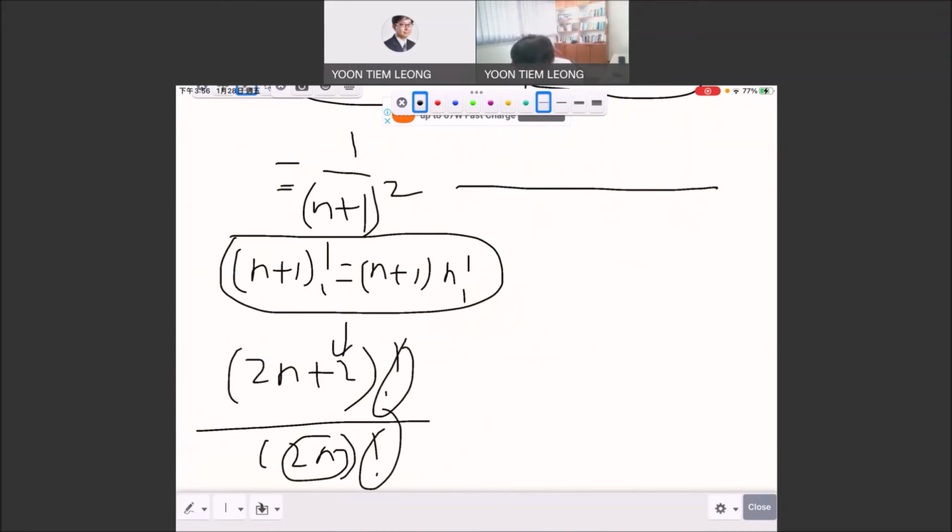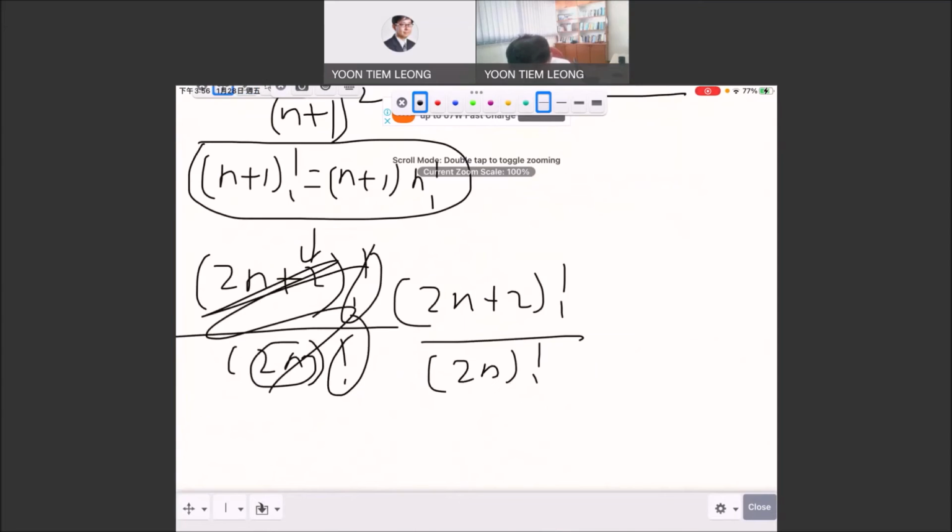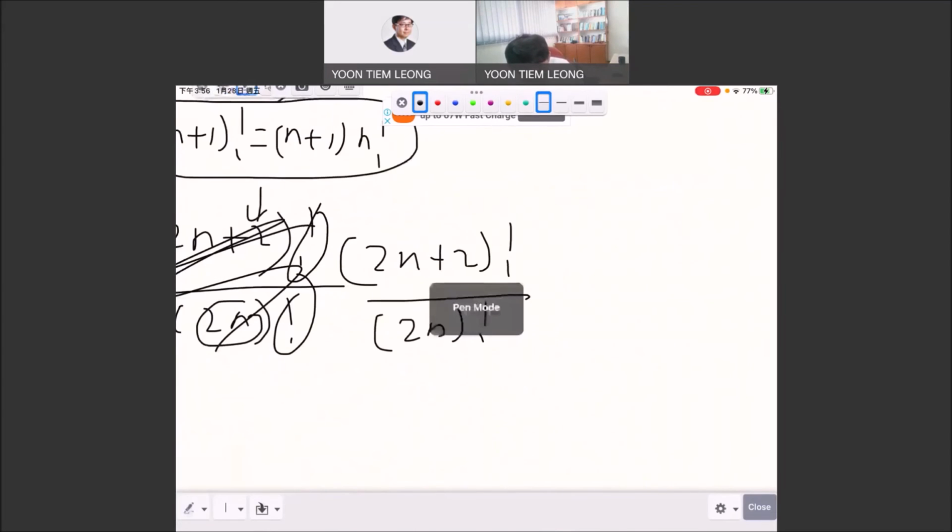I just look at 2n plus 2 factorial. I want to make it look like it involves only 2n factorial in the denominator, so that it can cancel off with the 2n factorial downstairs.